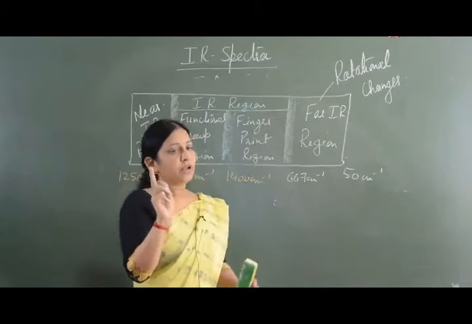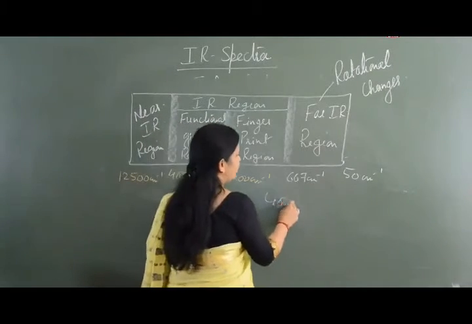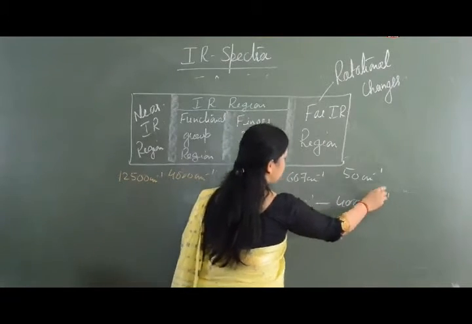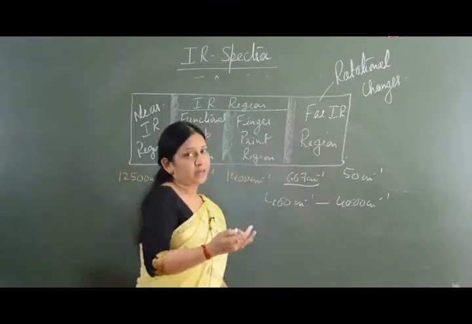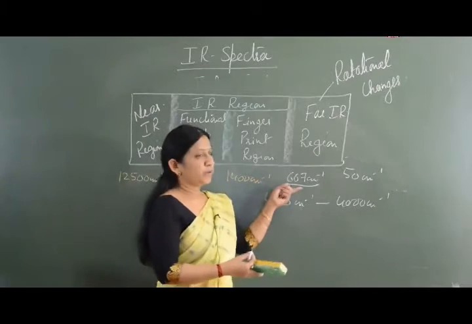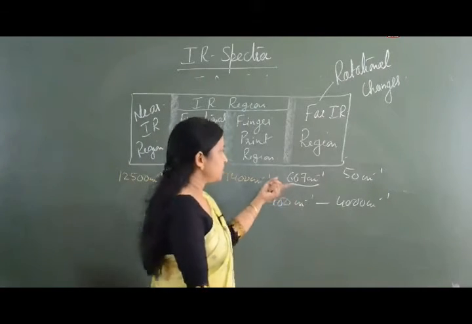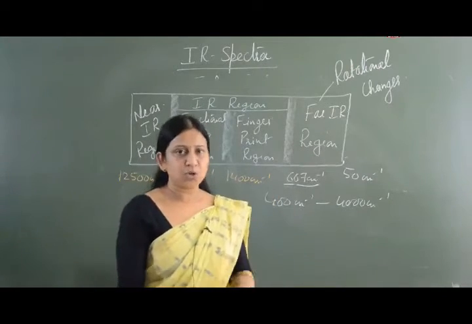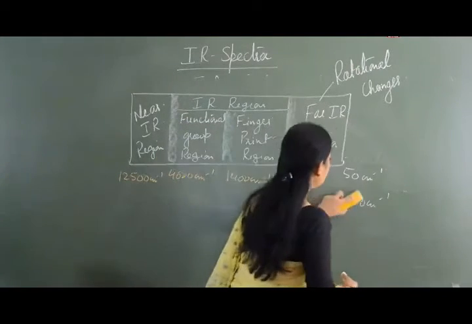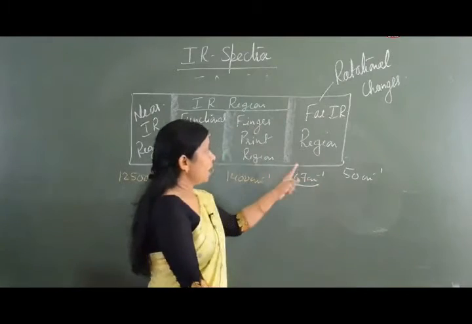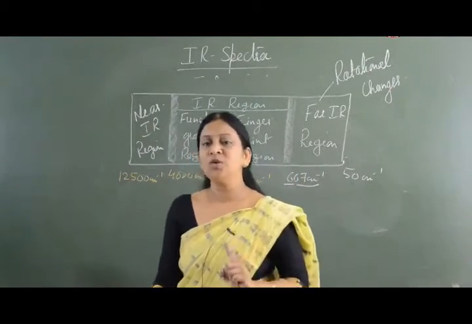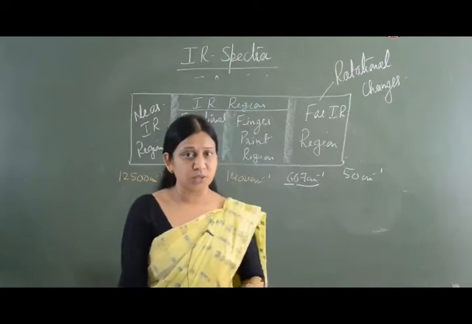Now I told you the range is from 400 centimeter inverse to 4000 centimeter inverse. So this is going to vary. It can be 4000 or you can write it 667. In some of the books it is 667, it is 4000, but this much variation is going to be considered. So in far IR region only rotational changes are taking place. The molecule is not undergoing vibrations.